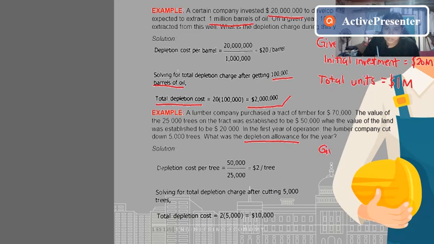So first, we need to write our given. So our initial investment is $50,000. And the total units for our trees is 25,000.